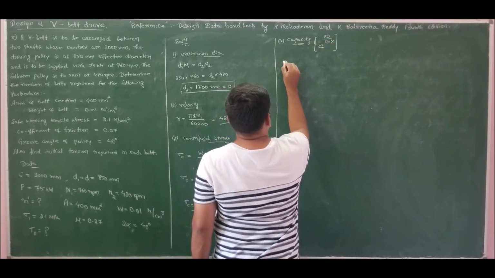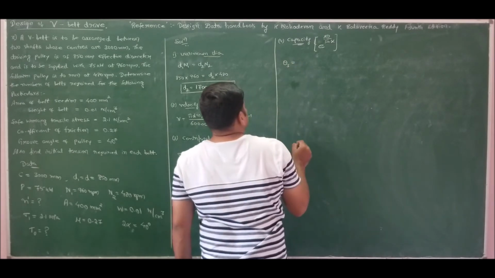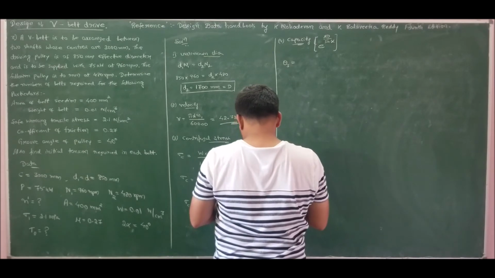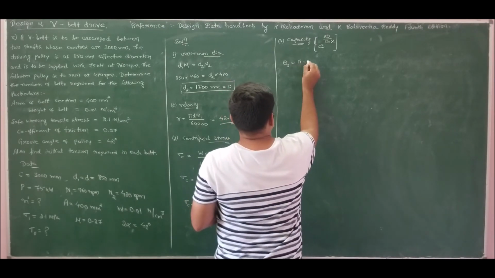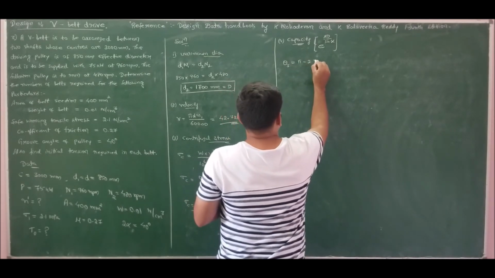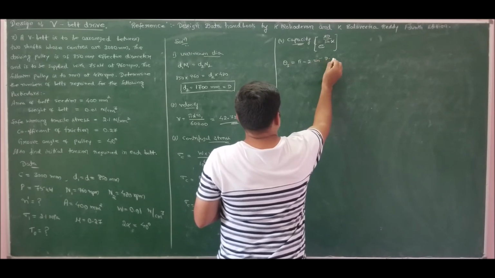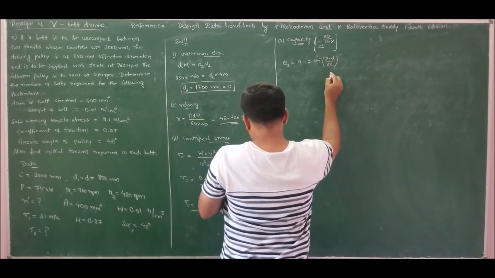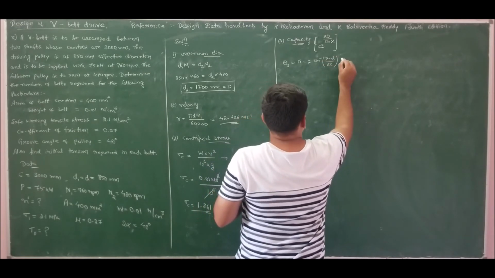Now coming to the angle of contact for the smaller pulley, the formula is pi minus 2 times sin inverse of D minus d by 2c, referring to equation 14.1a.